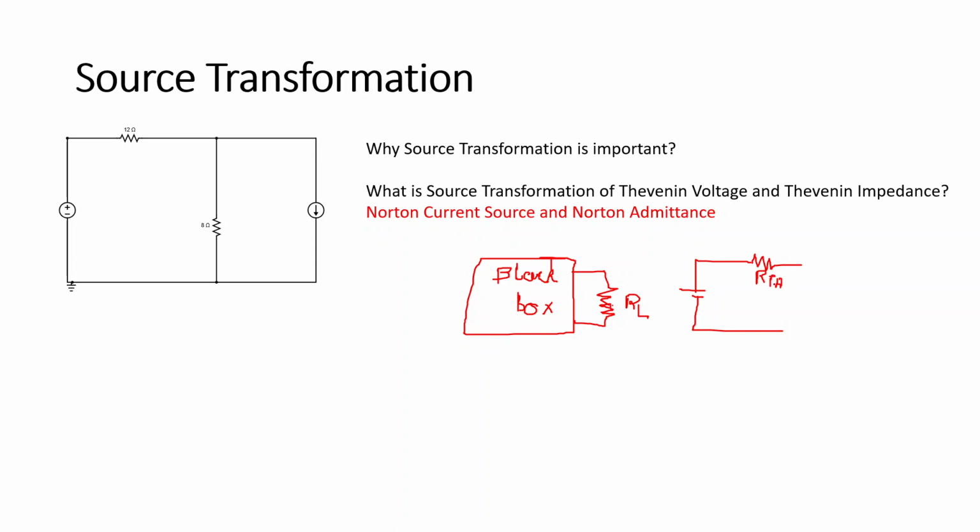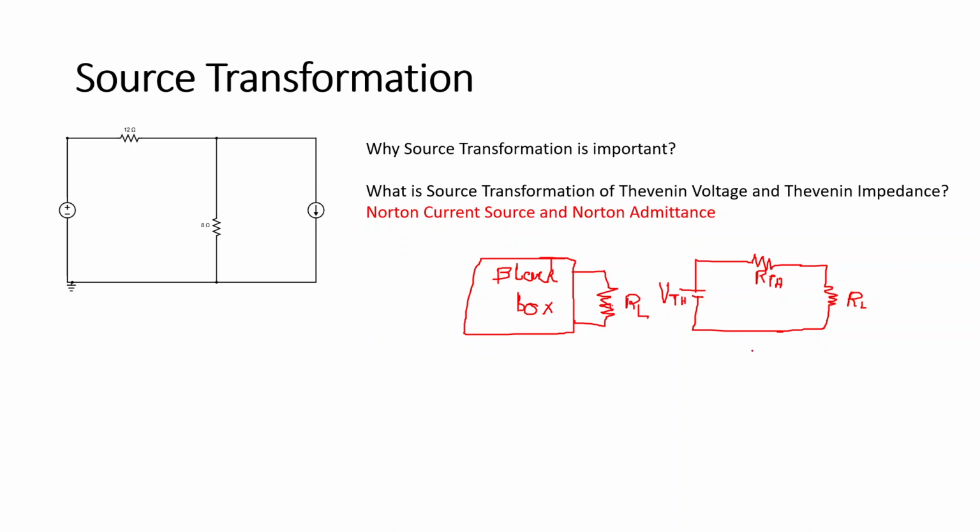This equivalent voltage source we say to be V Thevenin. And this output resistance RL is written here. So this black box is represented by a Thevenin voltage in series with a Thevenin resistance.